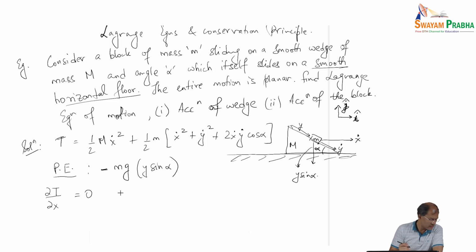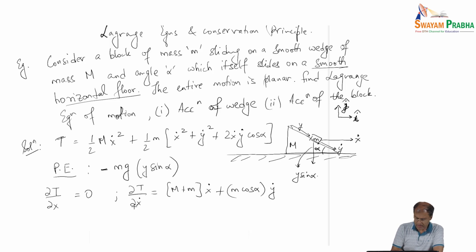So ∂T/∂x is 0, and ∂T/∂x dot is (M plus m) x dot plus m cos alpha y dot.